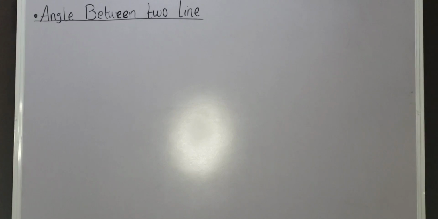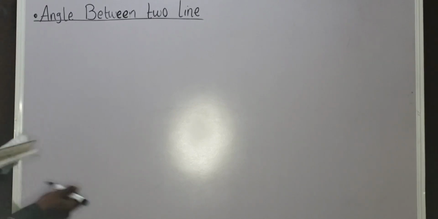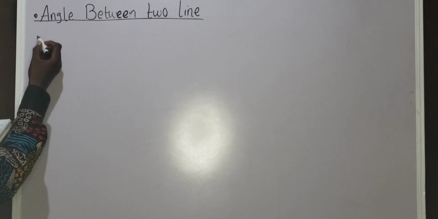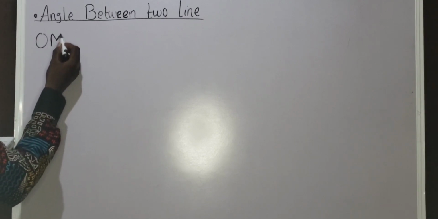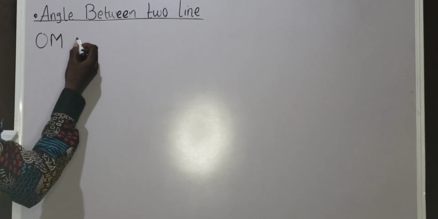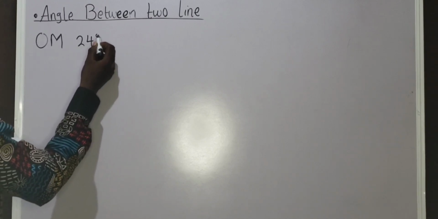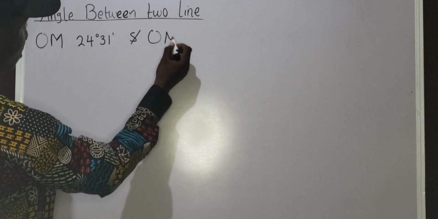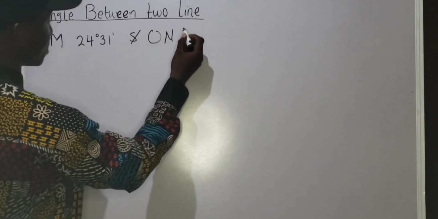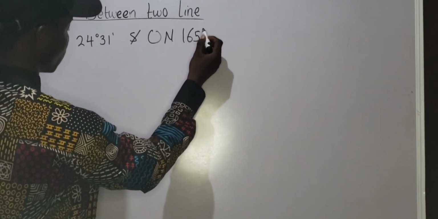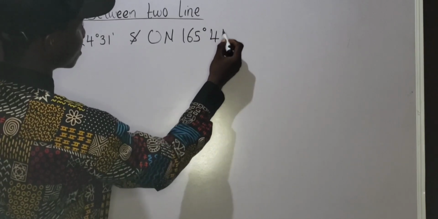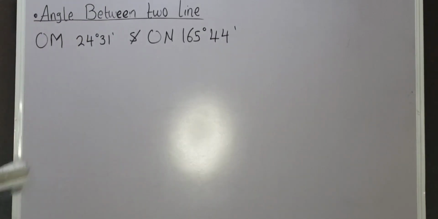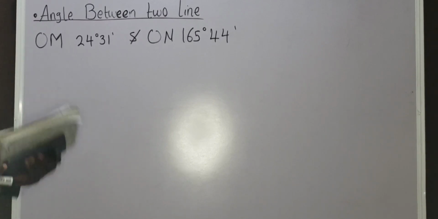Let's say we are told to find the angle between the line OM, which is 24 degrees 31 minutes, and line ON, that is 165 degrees 44 minutes. Now we want to determine the angle between these two lines. Now you are going to see the importance of what I taught you earlier.